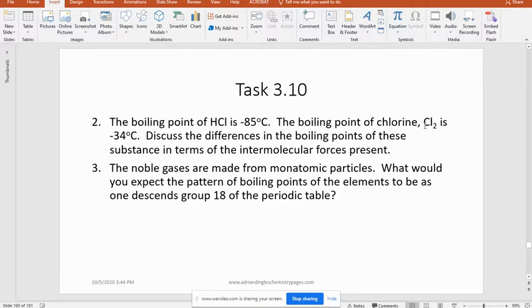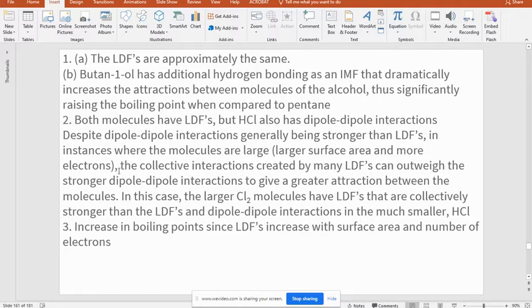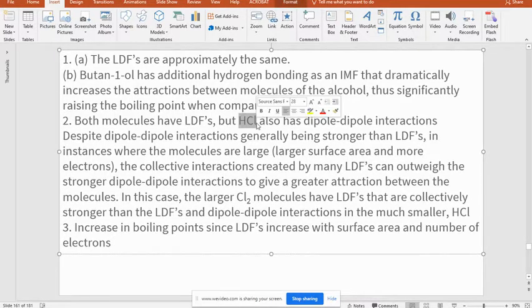But the chlorine has stronger LDFs because there are a lot more electrons. So when we look at the boiling points, we see that the HCl actually has a lower boiling point than the Cl2, and it's because of those LDFs.